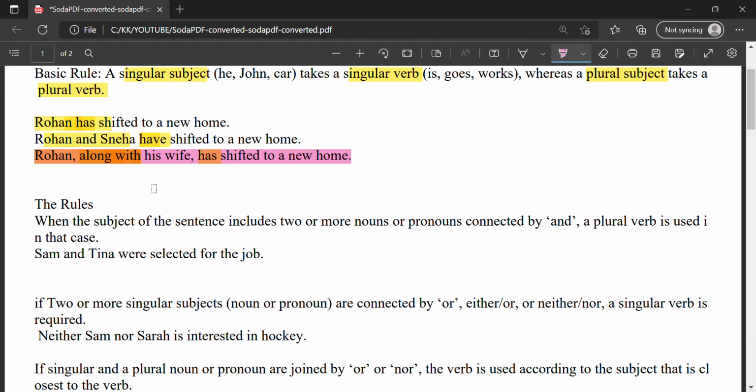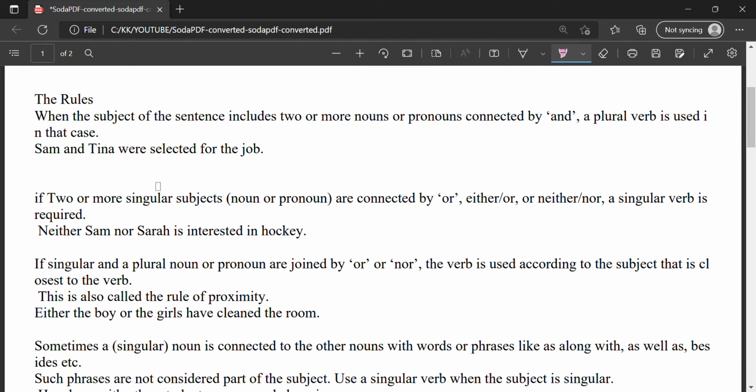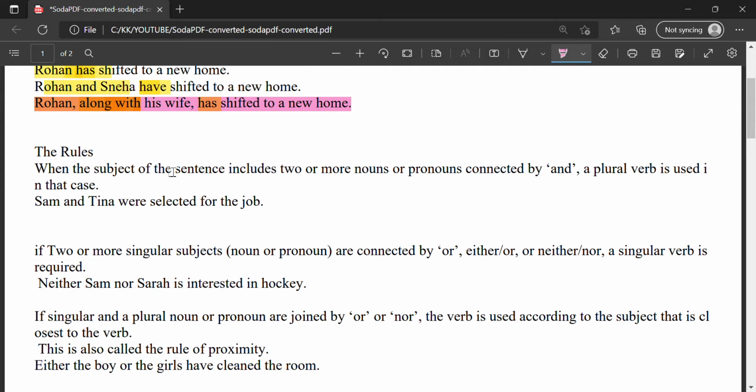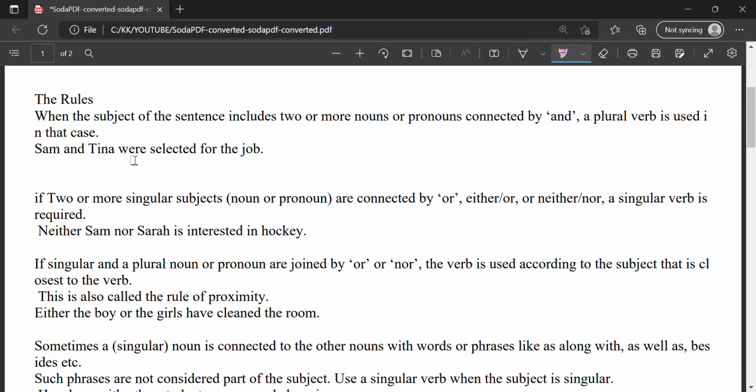Next, we have the rule that when the subject of the sentence includes two or more nouns or pronouns connected by and, a plural verb is used. Let me give an example: Sam and Tina were selected for the job.